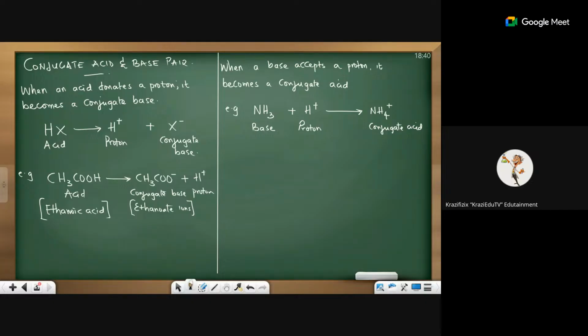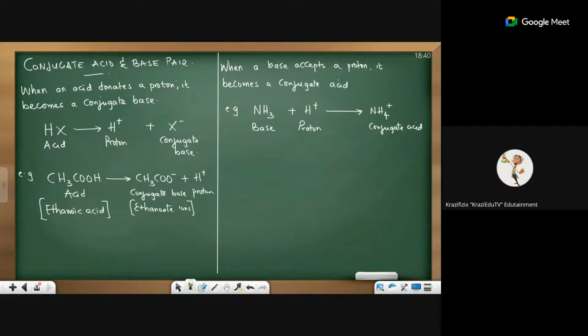So what will happen now is examiners are going to combine these things together, and we need to identify our conjugate acid and base pair. When I say pair, it means we are going to talk about two things. So I'm going to do one example for us and then give you a few questions to do for me. Then we move on to the next concept.